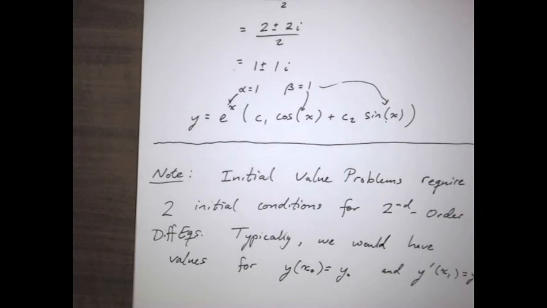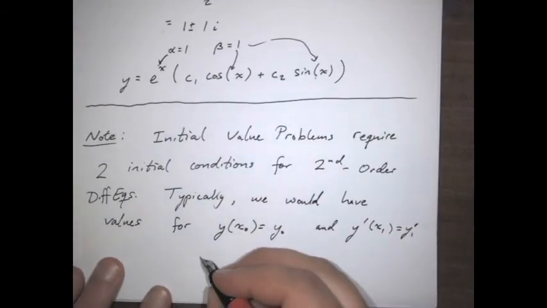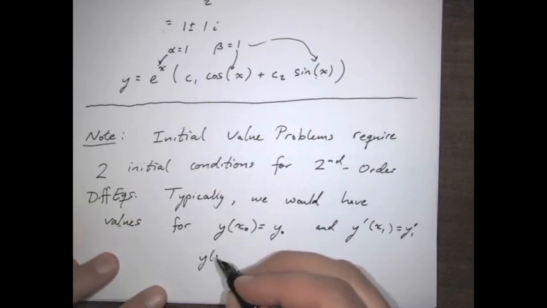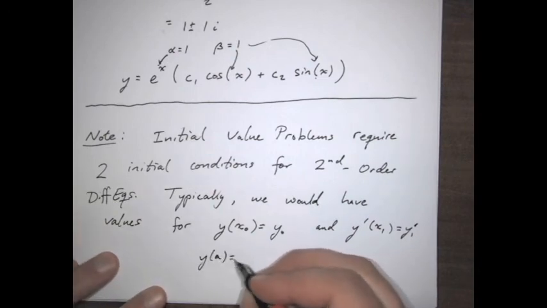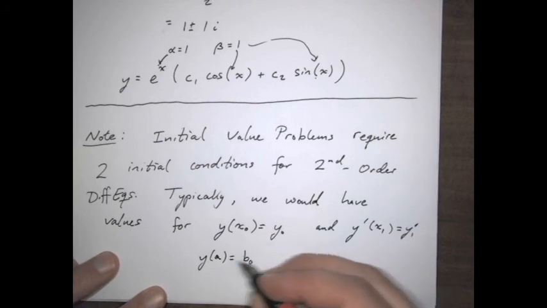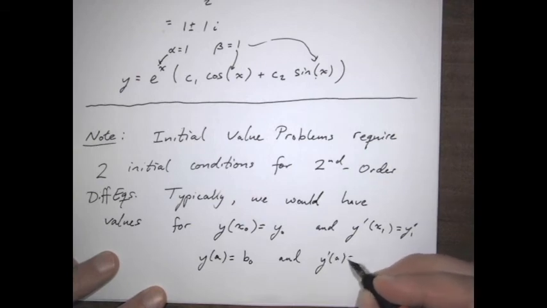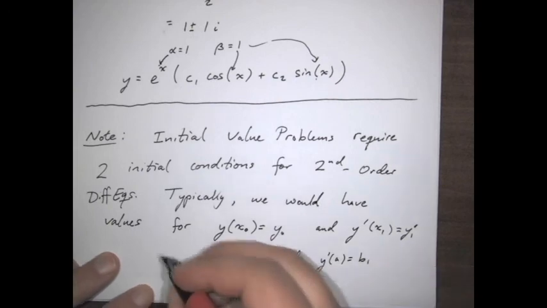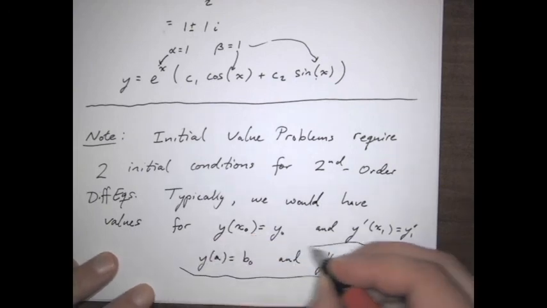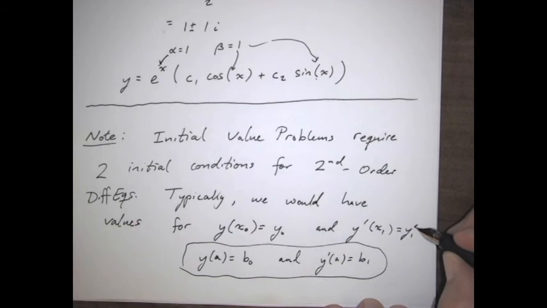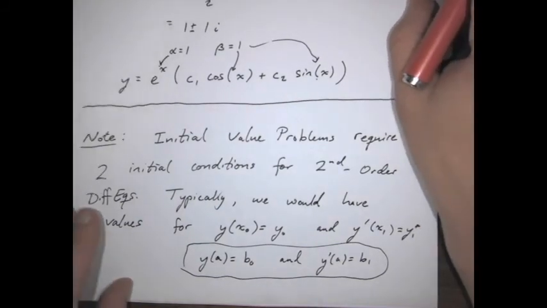Or we could also write this as y of a equals b naught, and y prime of a equals b1, would be another way of writing this. Something like that. And that'll give us a system of two equations to solve for the two unknowns that are the two c's.